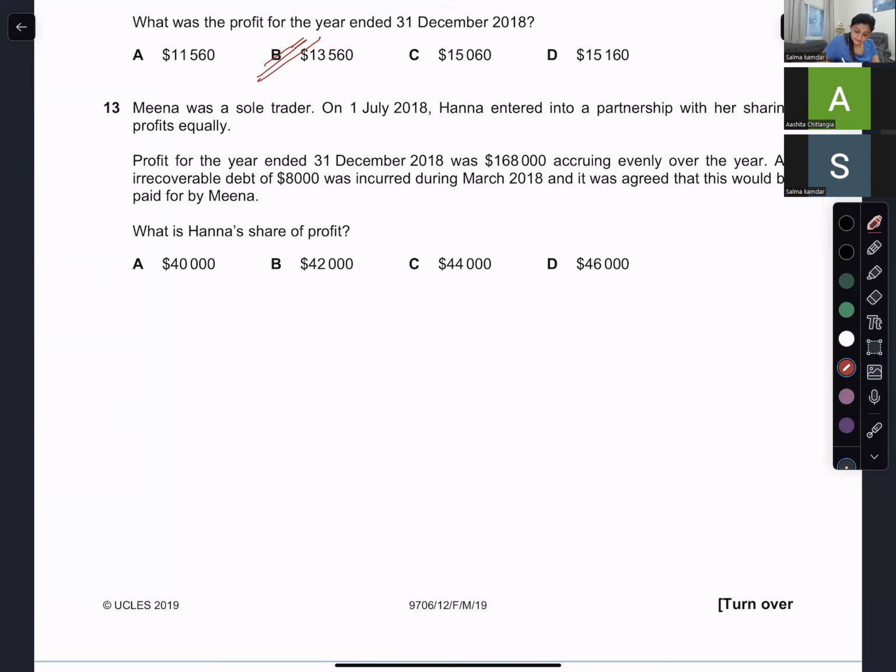Meena was a sole trader. On 1st July 2018, Hannah entered into the partnership with her, sharing profits equally. You have to find out the share of profit. Profit before appropriation is 168,000. Then you have to do irrecoverable debt of minus 8,000, but this would be paid by Meena, so it won't come.